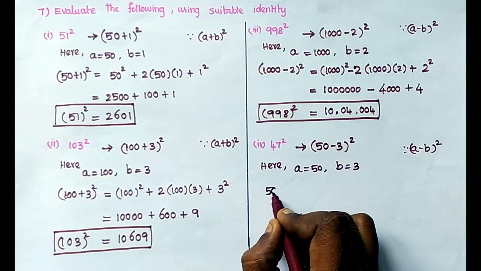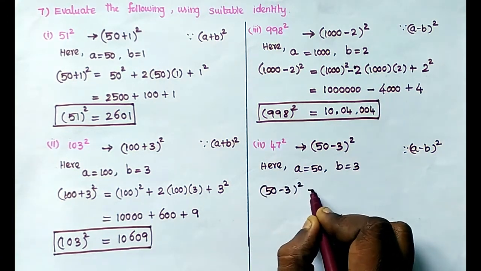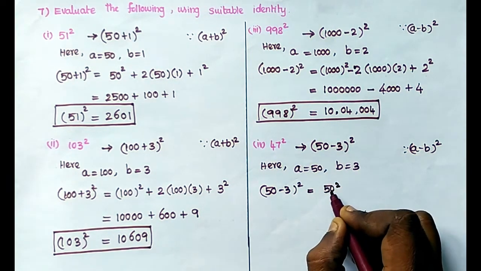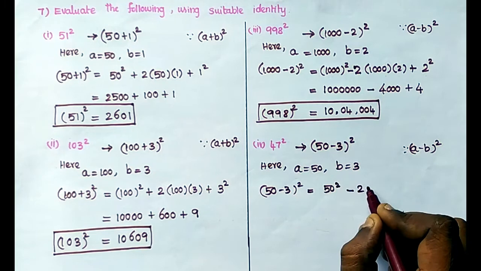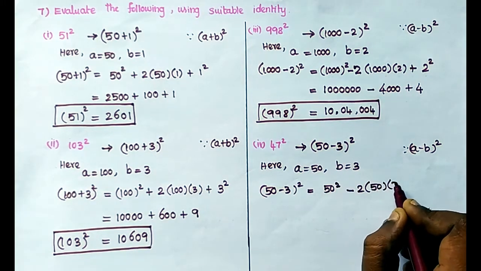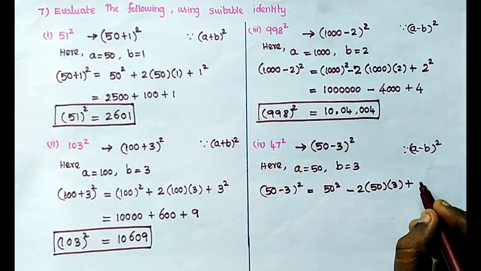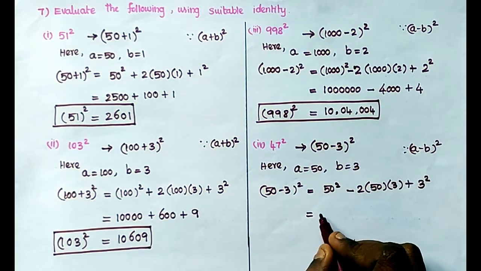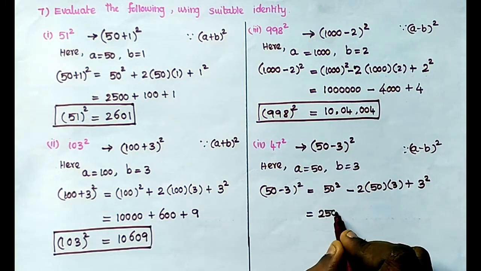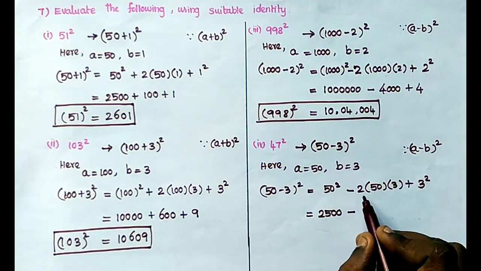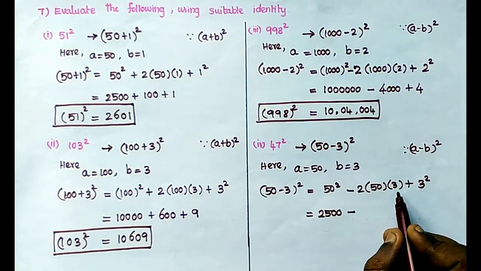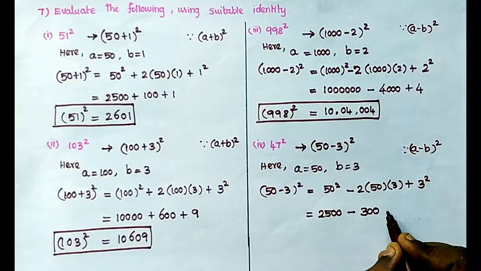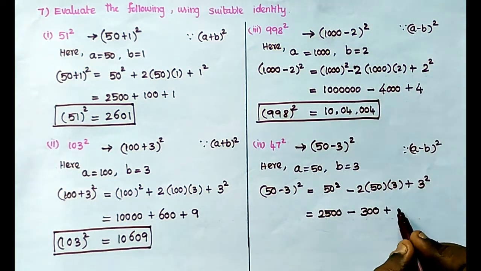So (50 minus 3) whole square is equal to a squared, that is 50 squared, minus 2 into a into b, plus b squared, that is 3 squared. 50 squared, we know that very well, 2500, minus 2 3s are 6, 6 5s are 30, put the 0, means 300, plus 3 squared, 9.